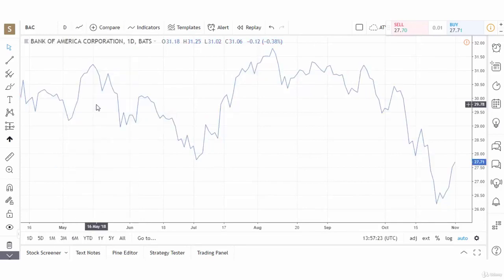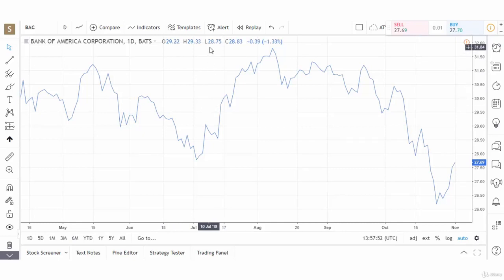So we're first going to look at a line chart, and the line chart gives you the closing price for the day. If you look at the top of the chart, it will tell you, on the day that you're looking at, what the open, the O is the open, H is the high, and the prices are changing because as I move the cursor, it's moving from day to day.